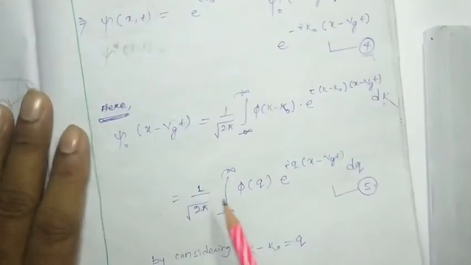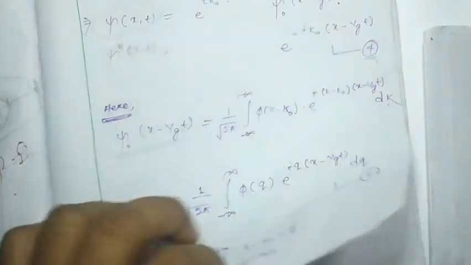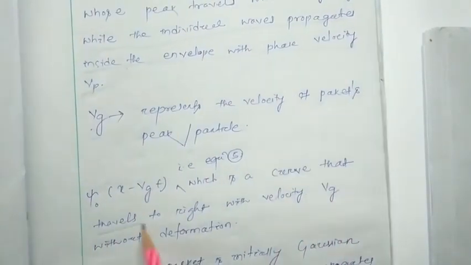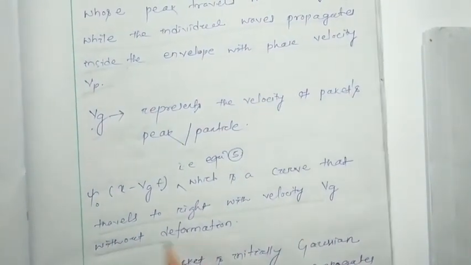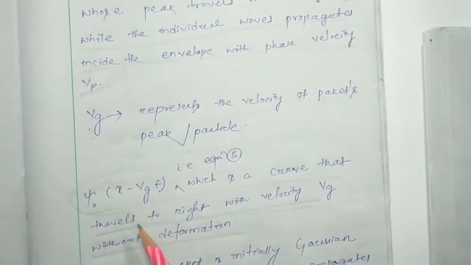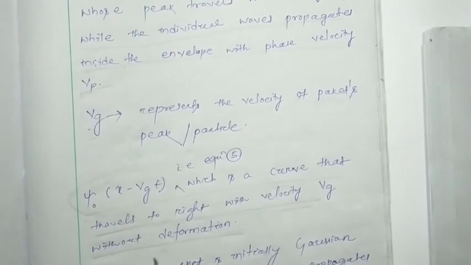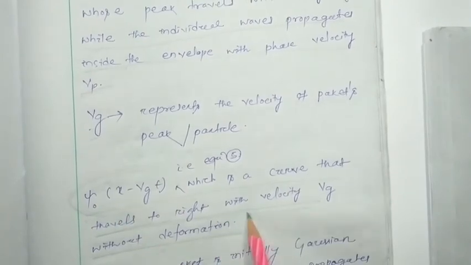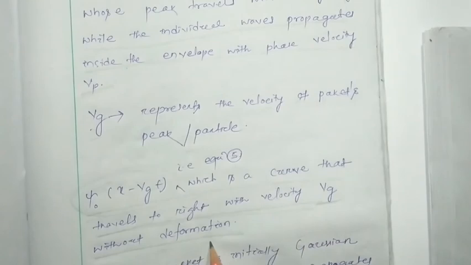Hence psi 0 (x minus vgt), that is equation number 5. This equation number 5 is a curve that travels to the right with a velocity vg without deformation. So here we find that this is one curve, or one envelope, whose peak travels with the velocity vg without deformation.